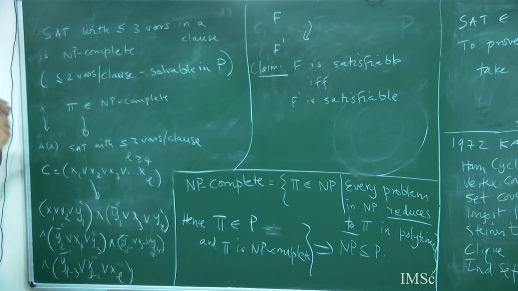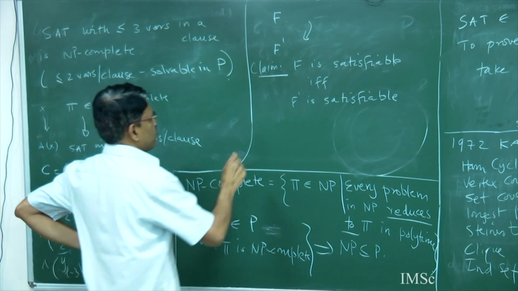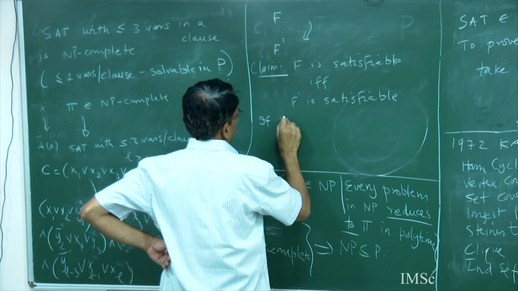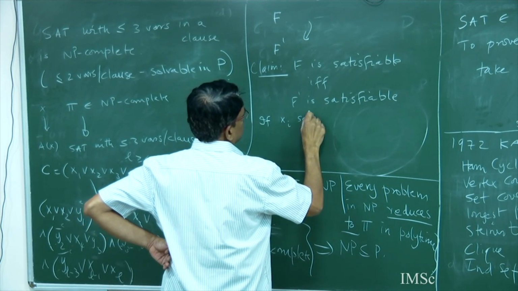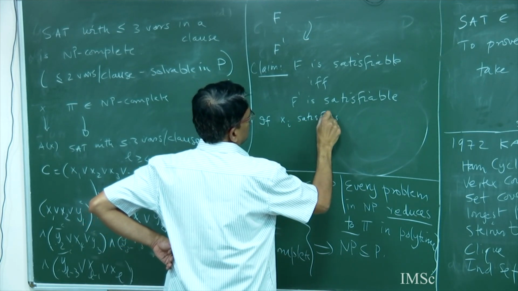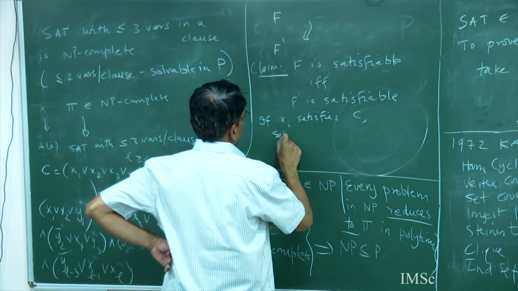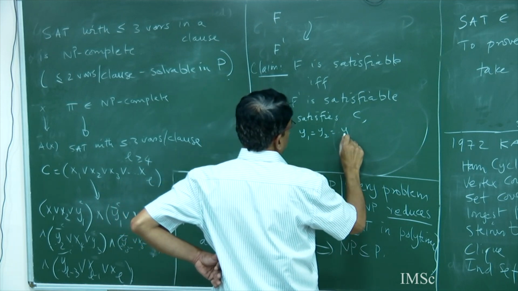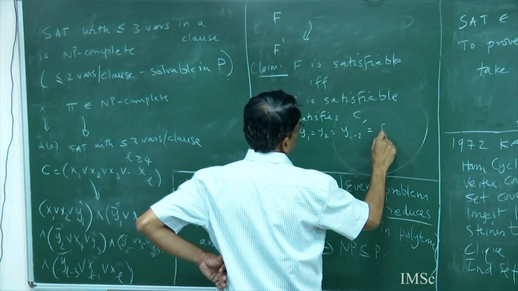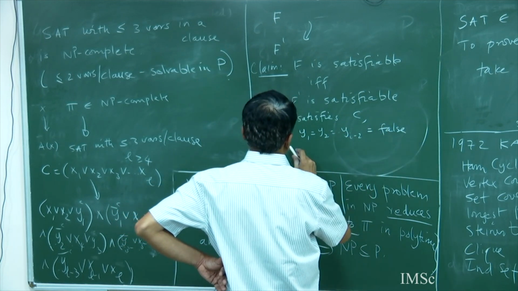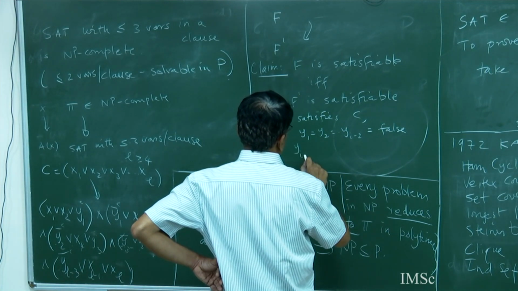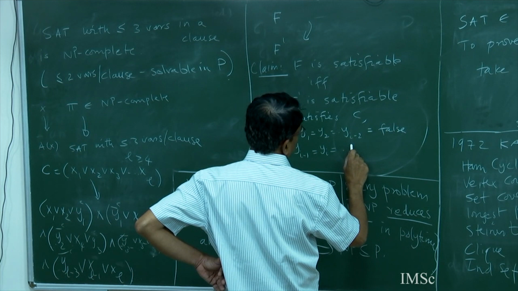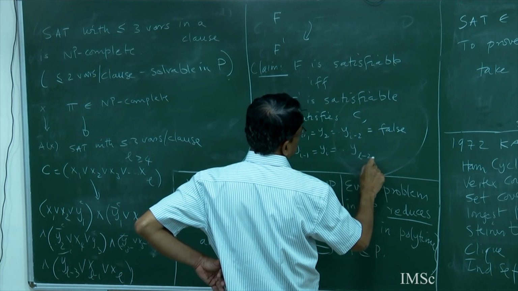I am not writing it down. Maybe I can say: if xi satisfies C, set y1 up to yi minus 2 to true, and from yi minus 1 onwards to false.